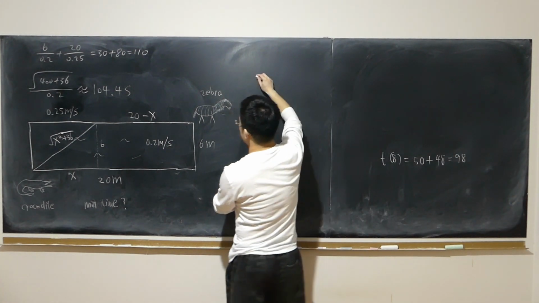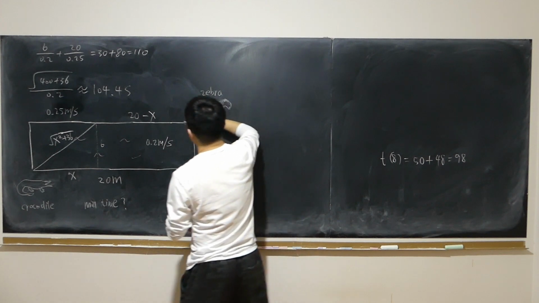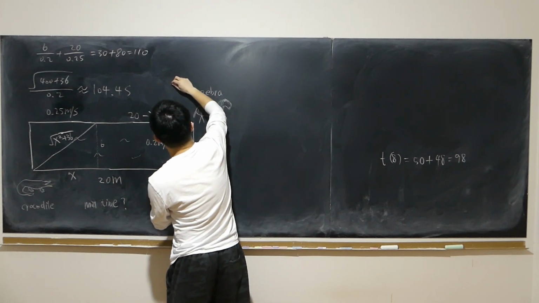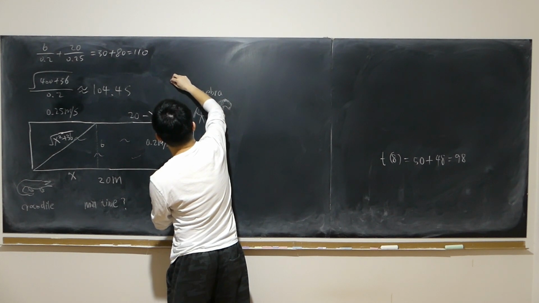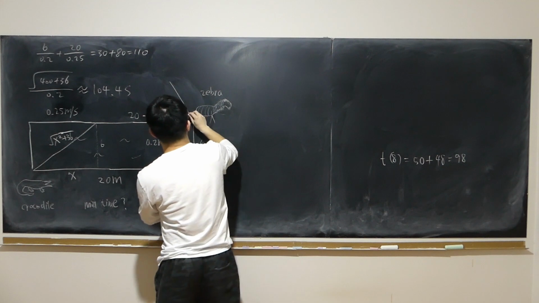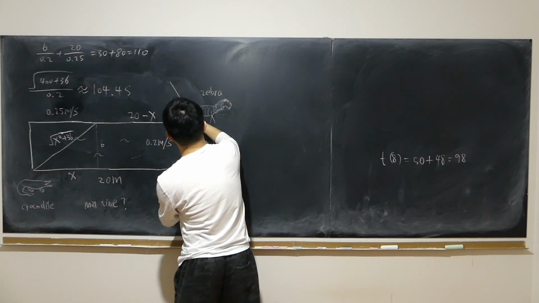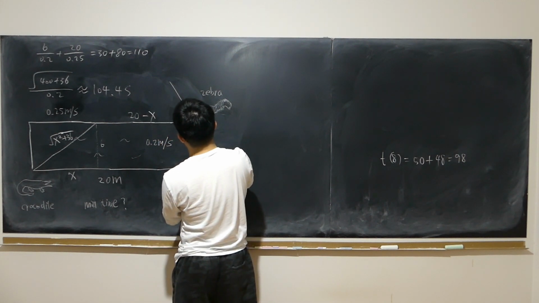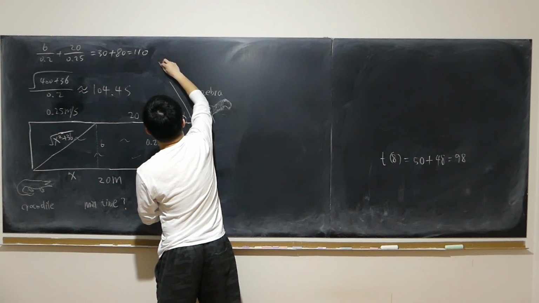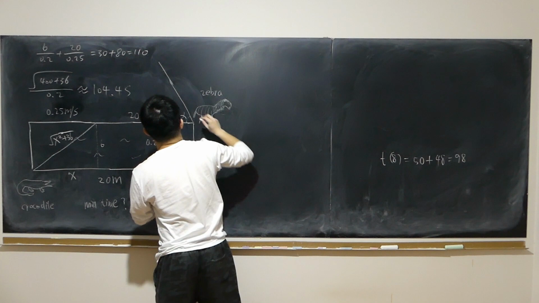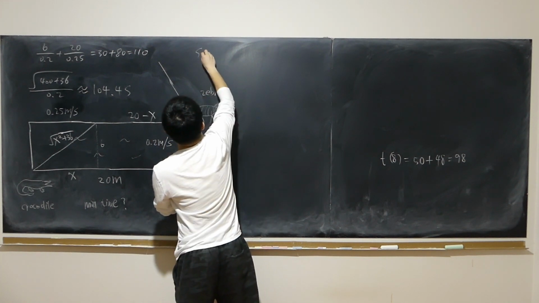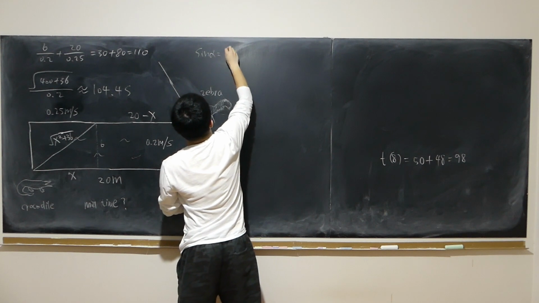The second method: I'm going to draw this line, and I'll explain why. I'm going to make sure that this angle, let's call it alpha, has sine alpha exactly 4 over 5.